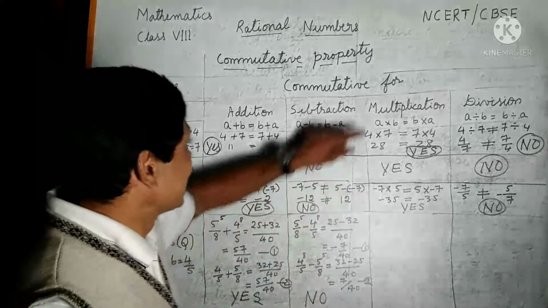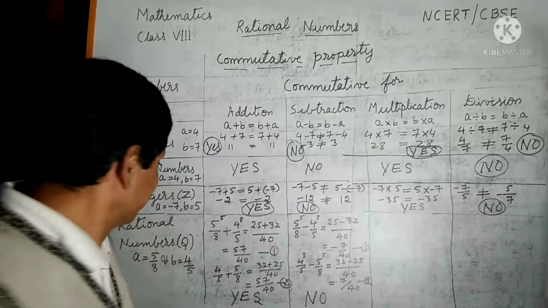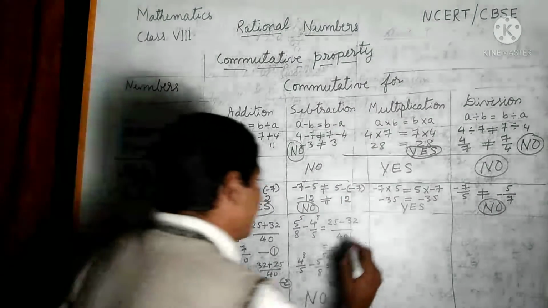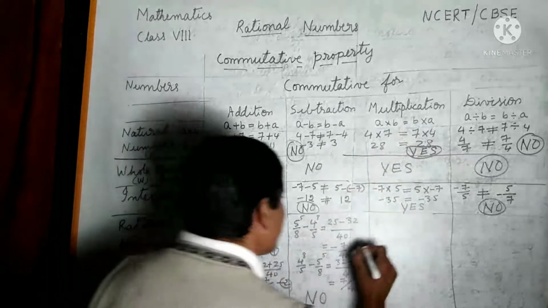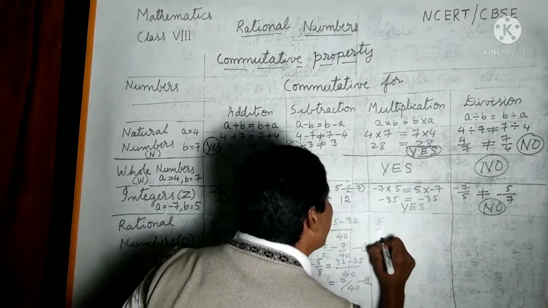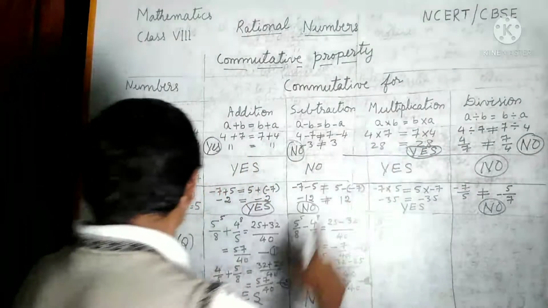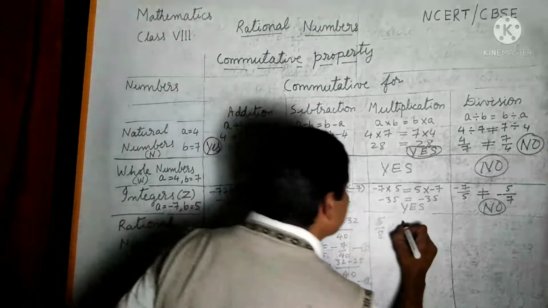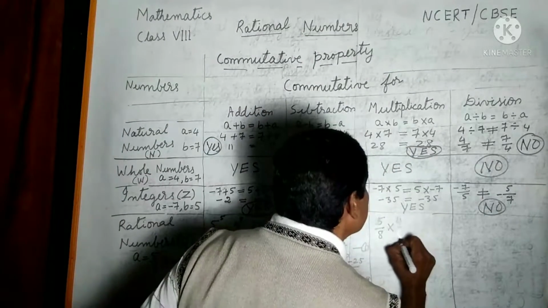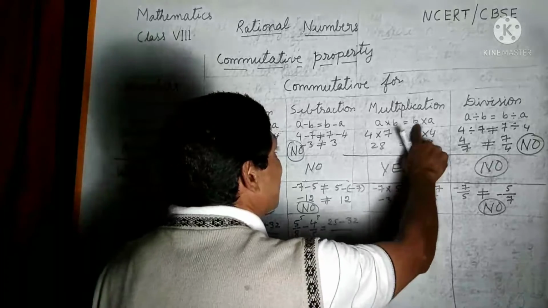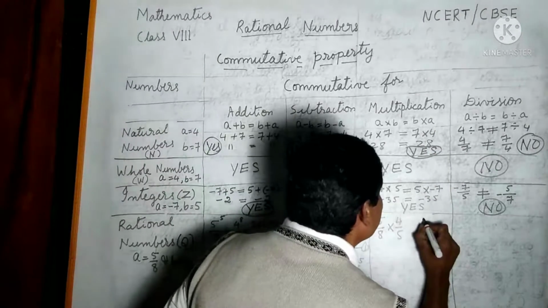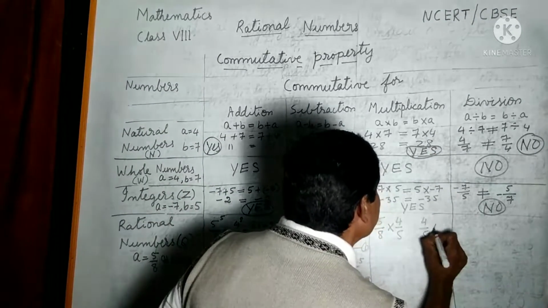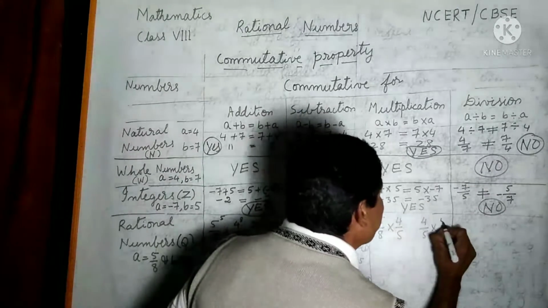Next, let us check for multiplication. Let us substitute the values. a into b, 5 by 8 into 4 by 5, and b into a is 4 by 5 into 5 by 8.